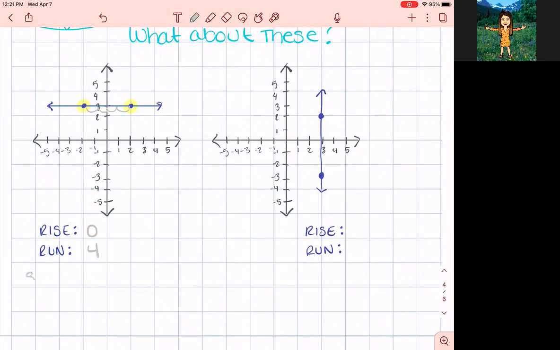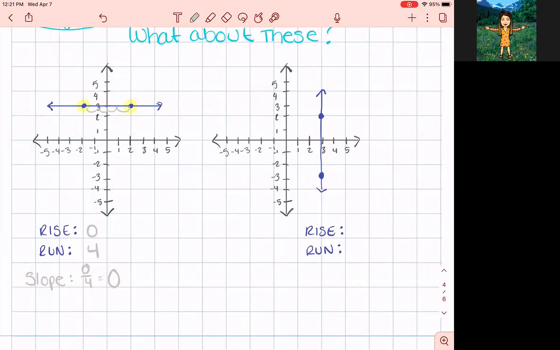When we write the slope, we would get a slope of 0 over 4, which is weird. That doesn't make any sense, right? Well, 0 divided into 4 equal groups is 0.